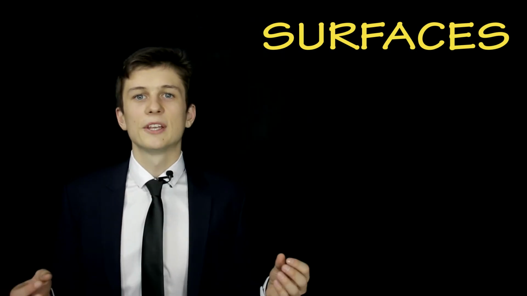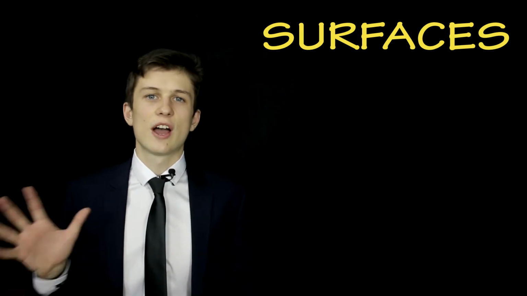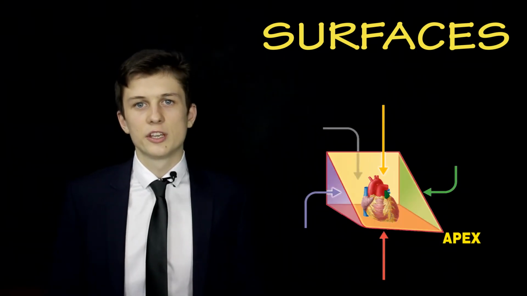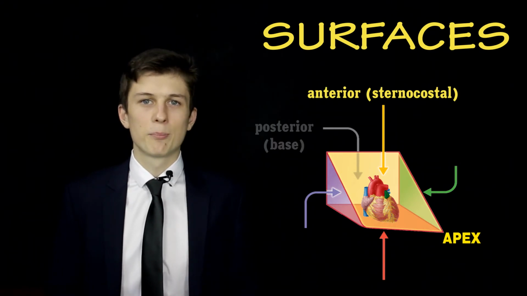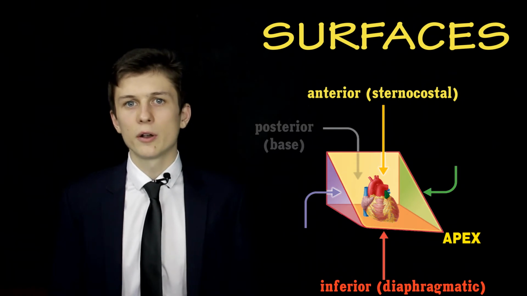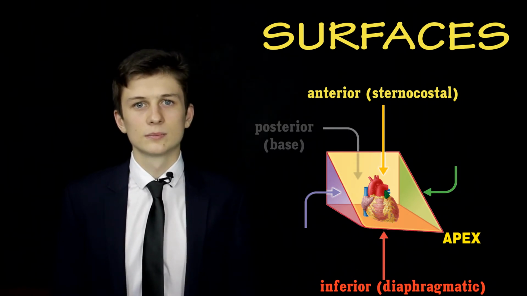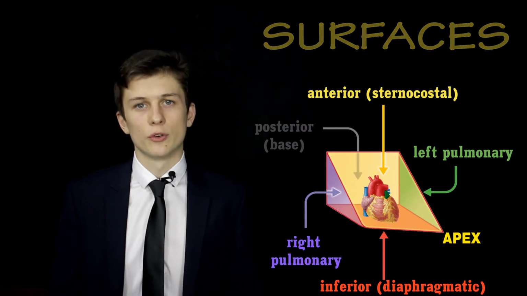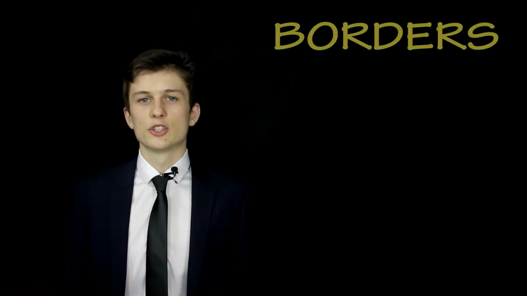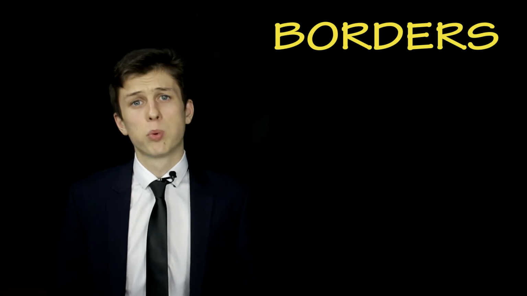In its typical orientation, the heart has five surfaces: anterior or sternocostal, posterior or the base, inferior or diaphragmatic, left pulmonary and the right pulmonary surfaces. Separating surfaces of the heart are its borders.